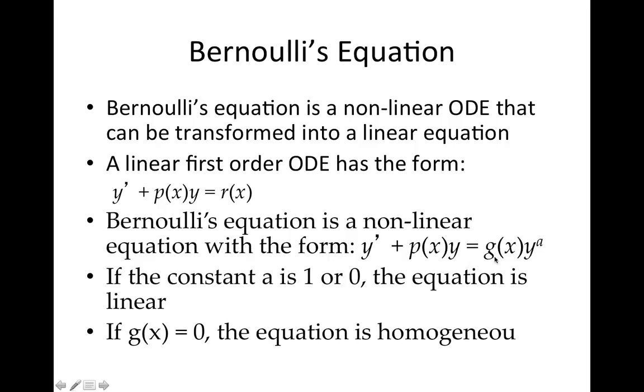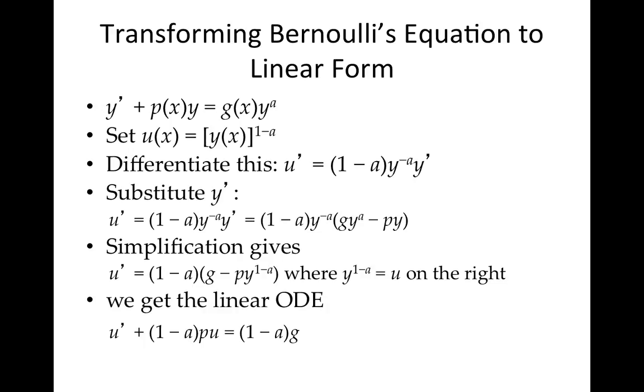And if g of x is 0, as we said before, the equation is both linear and homogeneous. So Bernoulli's equations form a special family of equations that are fairly common in engineering, and so it's something that you may either already have encountered or may encounter in the future.